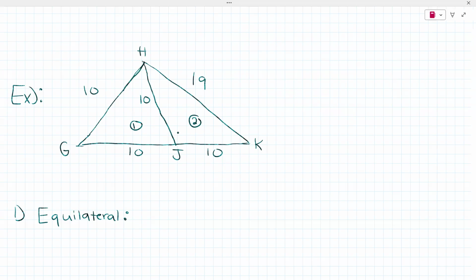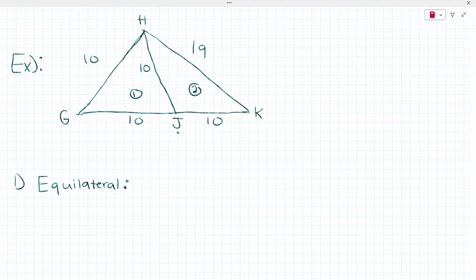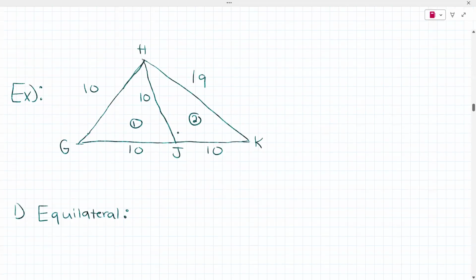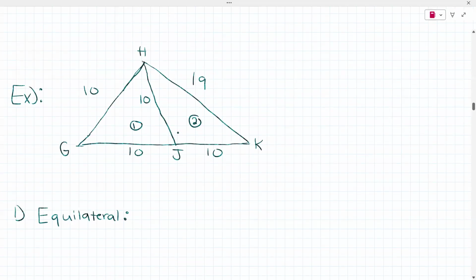So equilateral, I see one. It's the triangle one because all sides are the same. Okay, so how do I label that triangle? Remember, we go by vertices, so it's going to be triangle G H J, or you could also say G J H. What else?